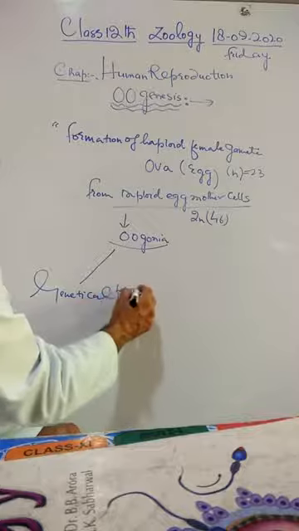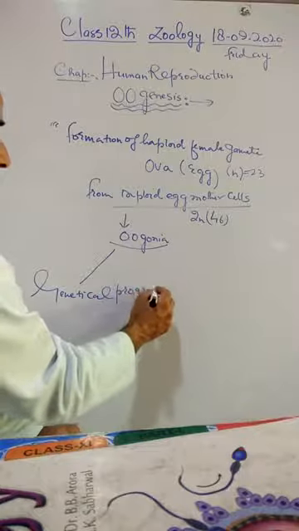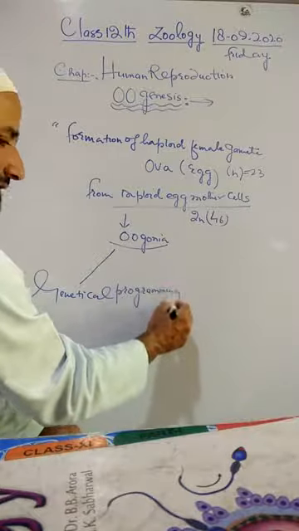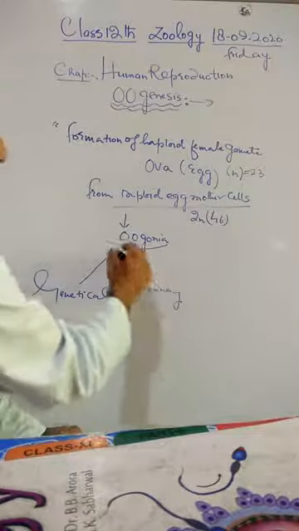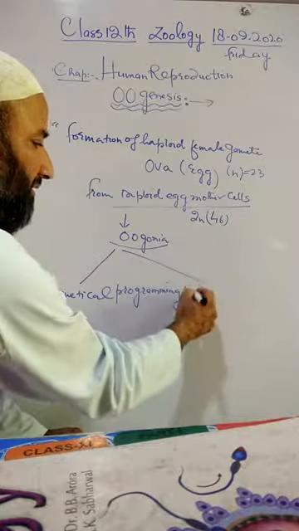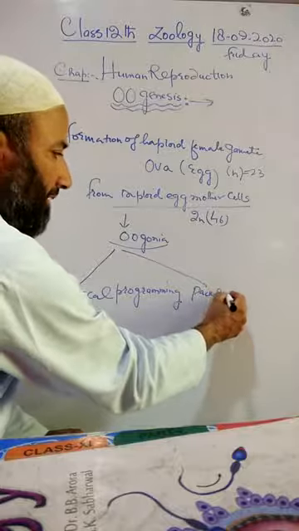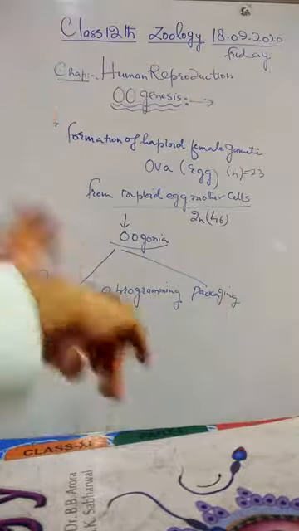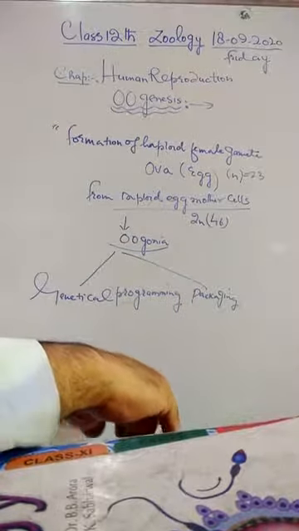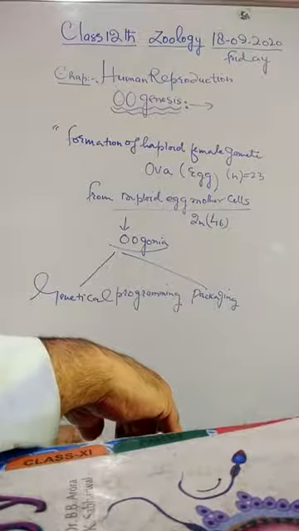The second is called packaging. These are the two biological processes by which oogenesis takes place.